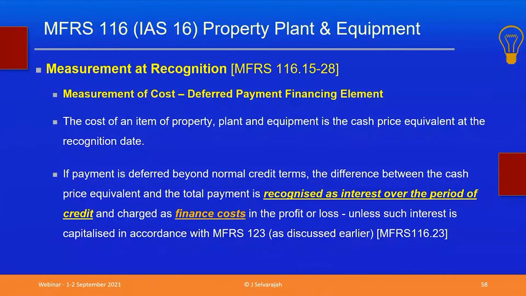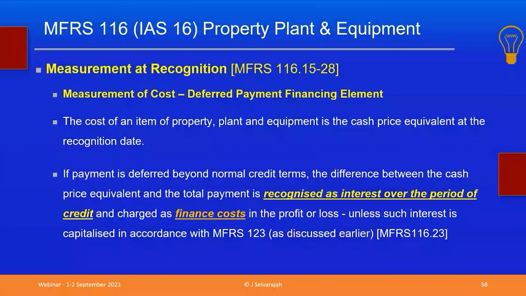It is especially for things that are very slow moving and not many people buy that kind of machinery. So the supplier wants you to take the machinery and you say it's very expensive. So he gives you time to make money from the machine and pay. So sometimes they give you a credit period of 2 years or 3 years.